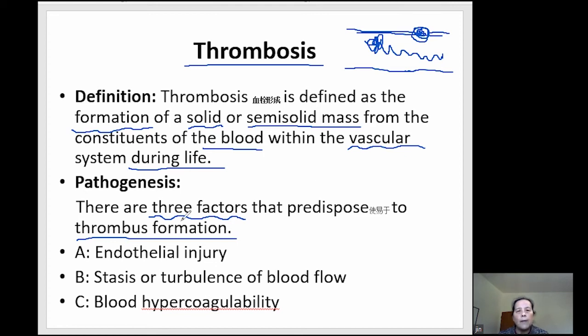So we say we have three reasons that may cause these problems. The first reason is that internal blood vessel cells may be damaged.